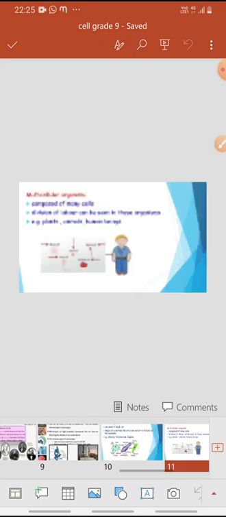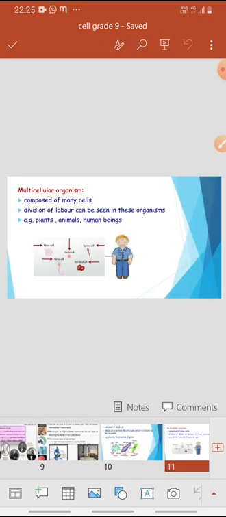Next is multicellular organisms. Multicellular organisms are composed of many cells. Division of labor can be seen in these organisms. Examples are plants, animals and human beings. Here are a few examples given: bone cell, nerve cell, ovum cell, red blood cell and sperm cell. Is it clear, students?